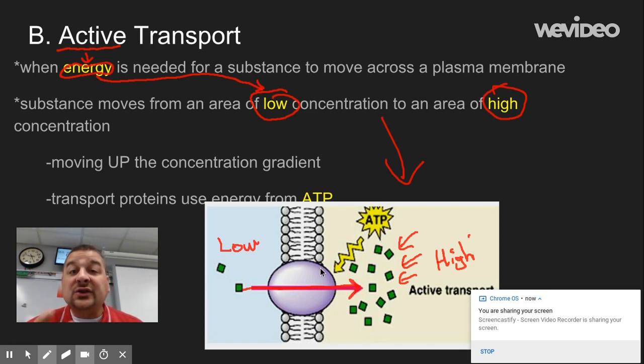So our cell is trying to get more of something it needs, like minerals in a plant root, out of the soil. So they're moving up the concentration gradient. This is going to take energy. And usually you have these little transport proteins in the cell membrane, and they're going to use energy from ATP in order to do this.